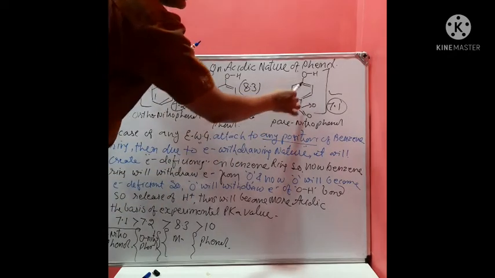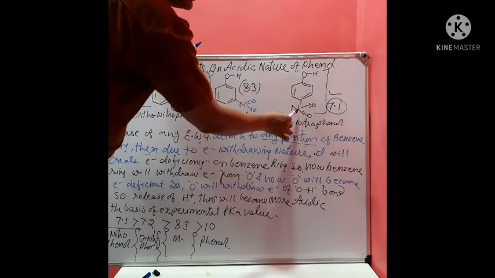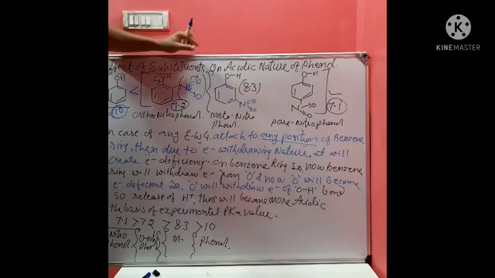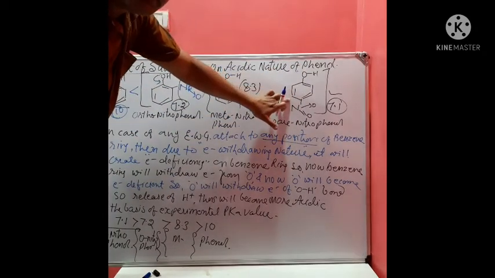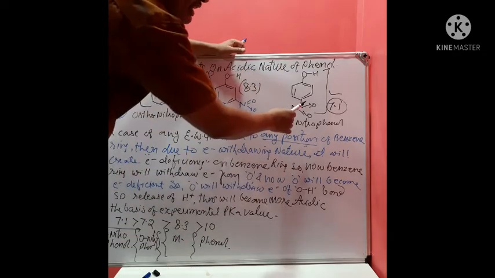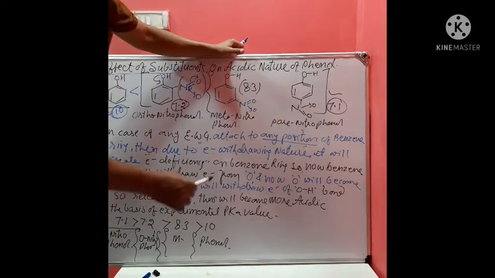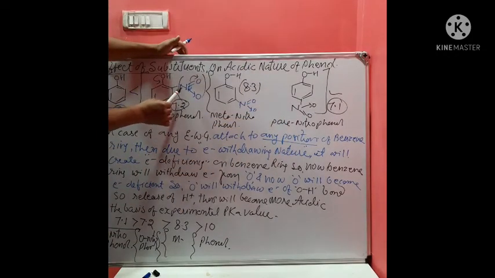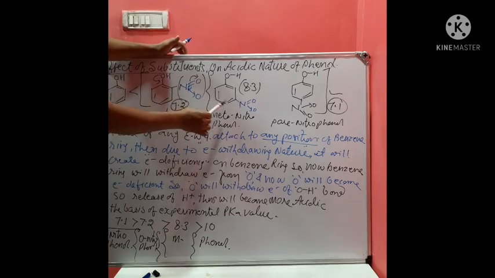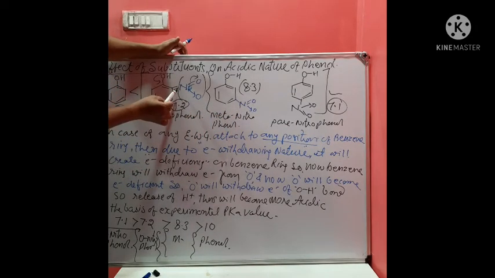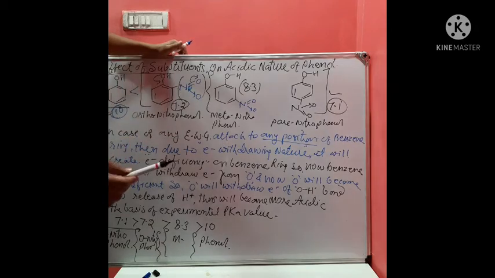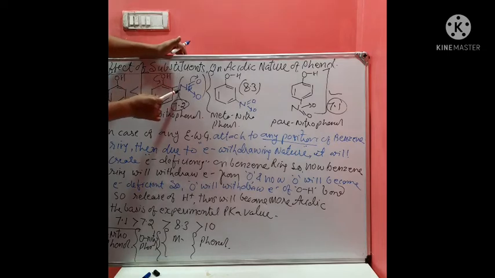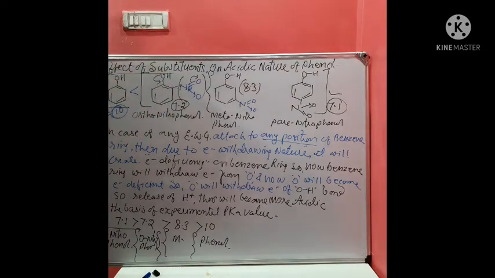Charge dispersion means negative and positive charge bearing atoms are quite far apart from each other, and therefore they show more stability. So due to charge dispersion in paranitrophenol, it becomes most acidic. Now between orthonitro and metanitro, the ortho effect has more influence, and therefore orthonitrophenol is more acidic. Getting?